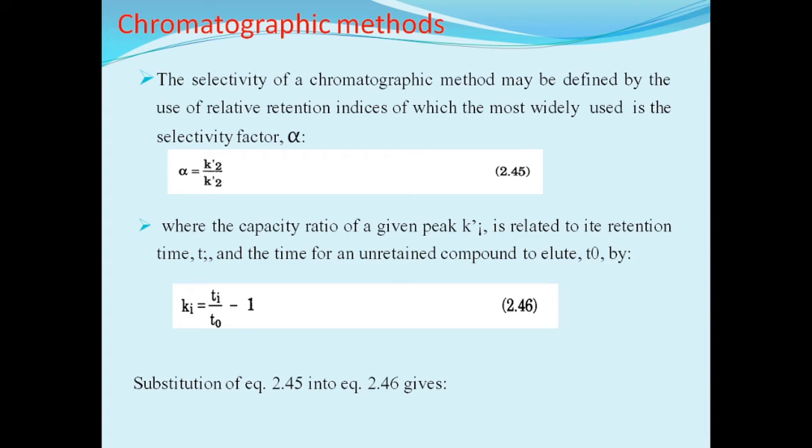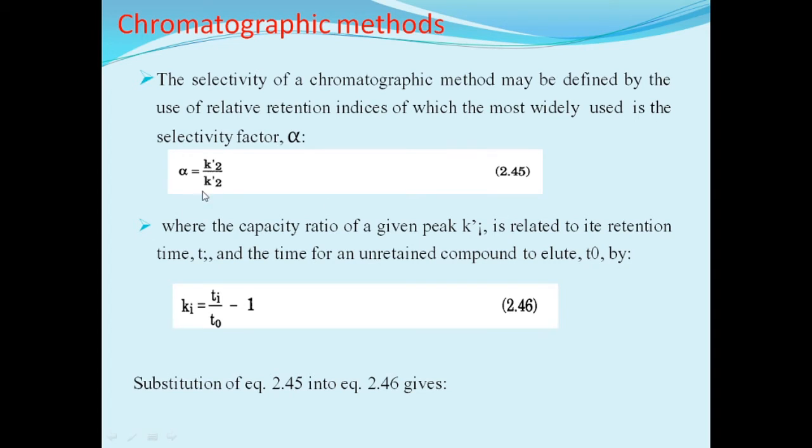k'i is related to its retention time Ti and the time for an unretained compound to elute, T0. By the equation, k'i is equal to Ti upon T0 minus 1. This is equation number 2.46.